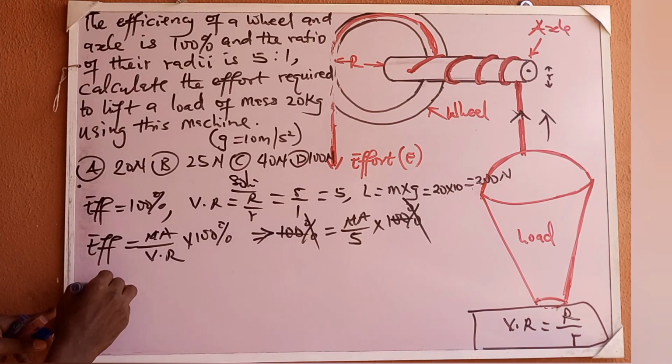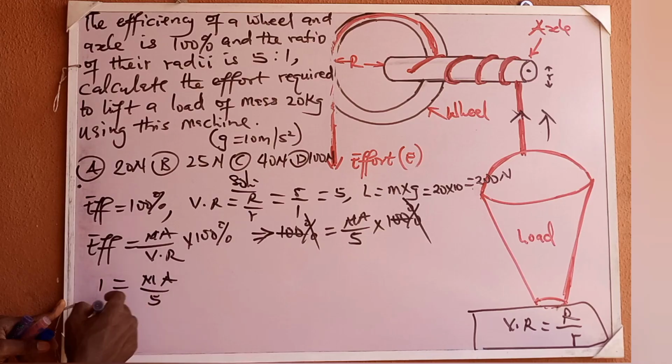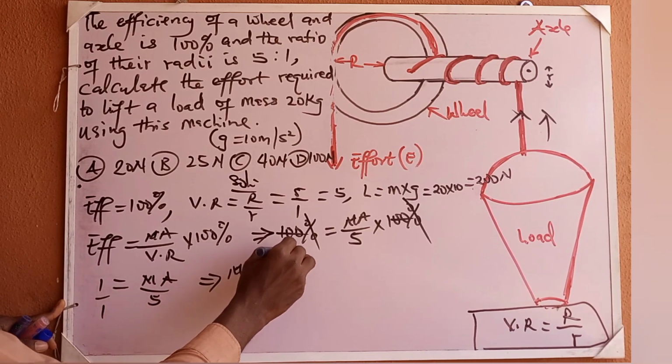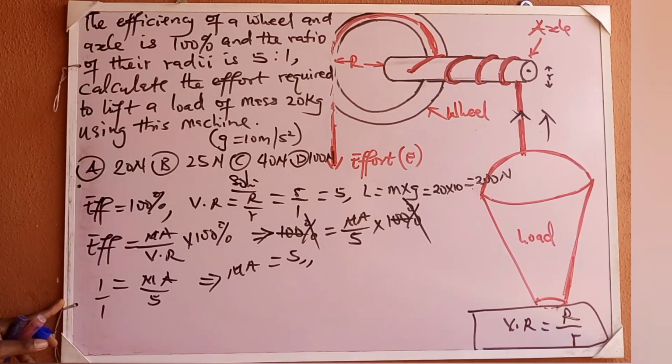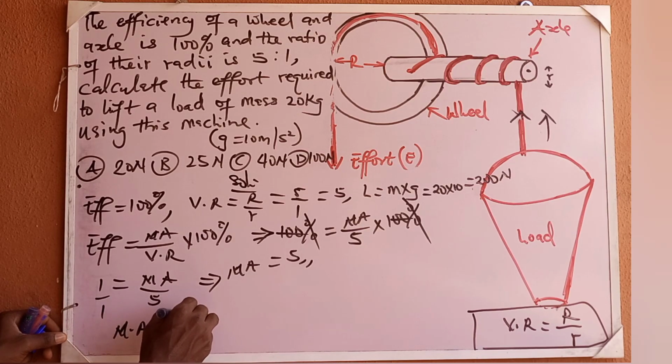So we're going to have 1 equals MA over 5. When I cross multiply, I'm going to have mechanical advantage equal to 5. With that we'll be able to get the effort, because we know that mechanical advantage is the ratio of load to effort.